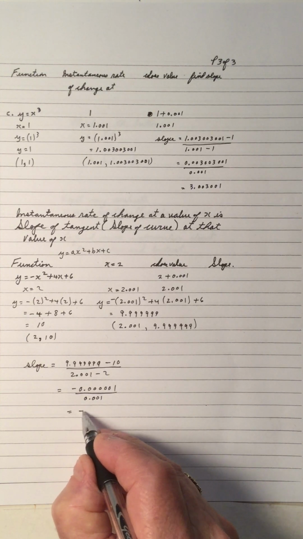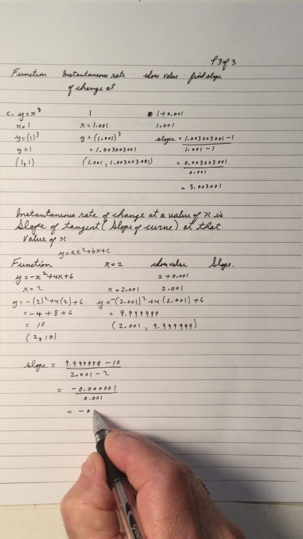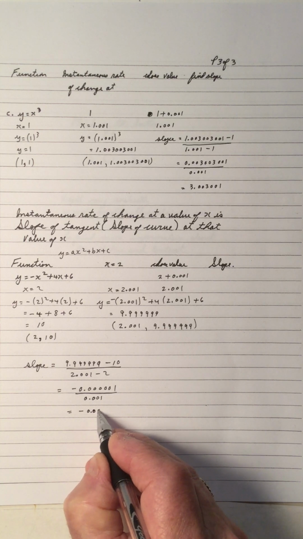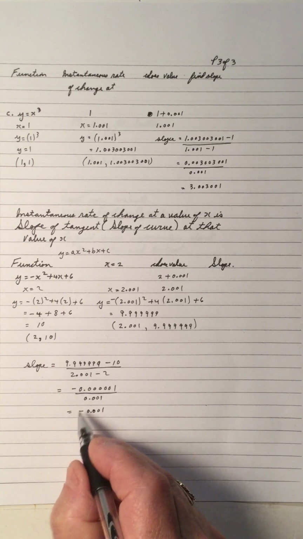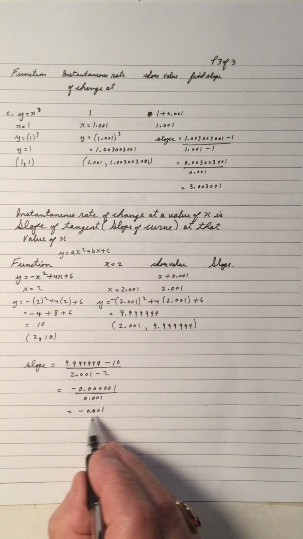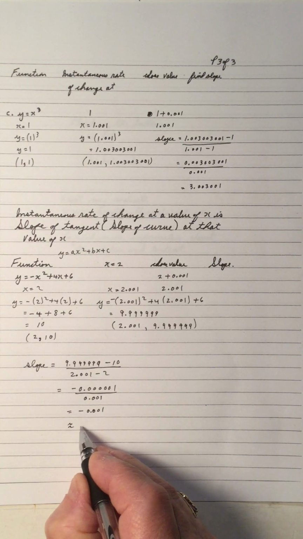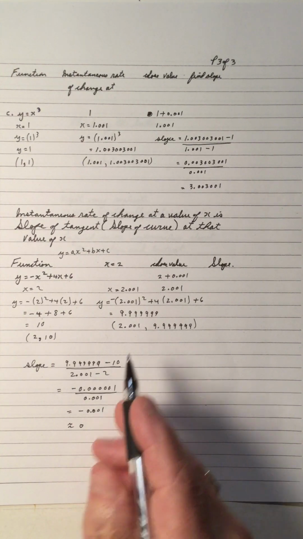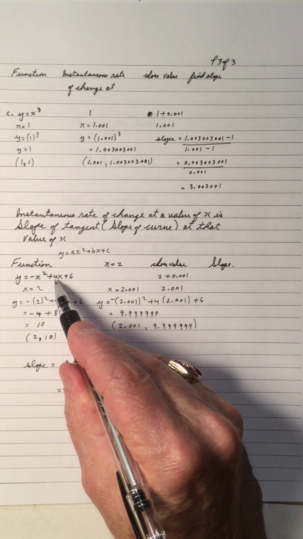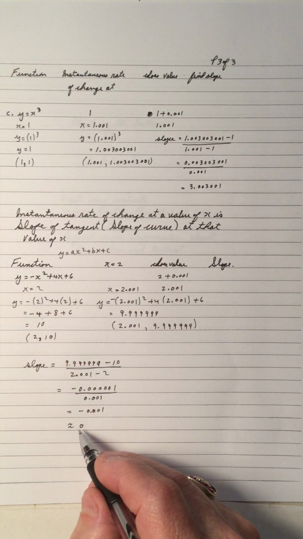So that gives us a negative 0.001. Use your calculator. Notice this is close to 0. So that's approximately 0. So the instantaneous rate of change here is 0.